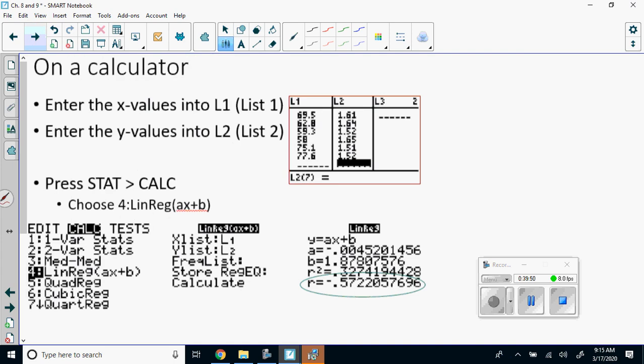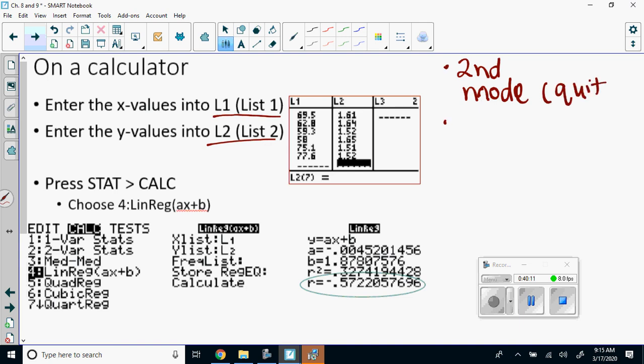Okay, then in your calculator, you're going to type things into both list 1 and list 2. So we're going to quit out of the screen we were just in by pushing second mode, which is quit.